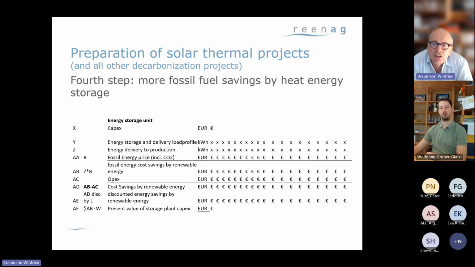The use of heat storage systems that absorb excess thermal energy from the solar thermal system and then release it to the production plant with the energy generation of the solar system also means the increase of the replacement of fossil energy.